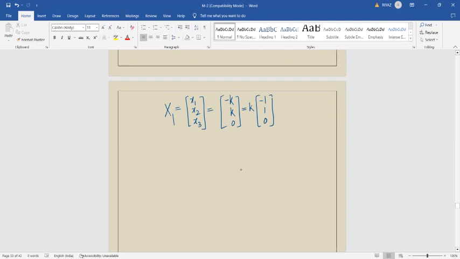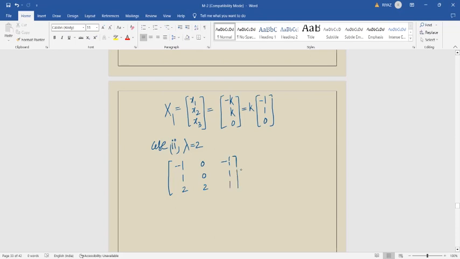Case 2, when lambda value is plus 2. Once again, we substitute in the characteristic equation. I am writing directly, you check it later on. 1, 0, minus 1, 1, 0, 1, and this is 2, 2, 1.